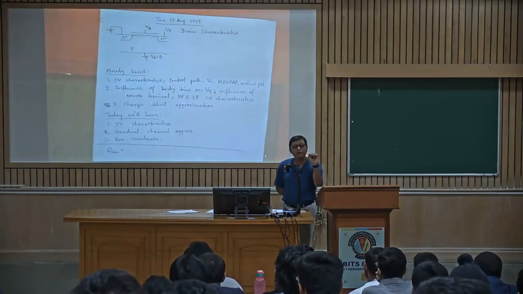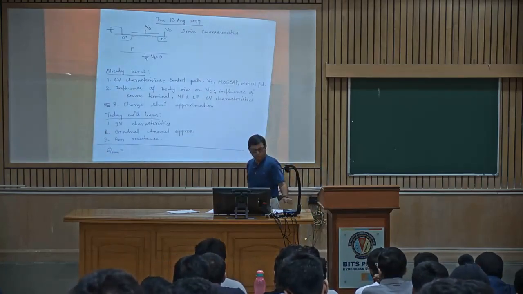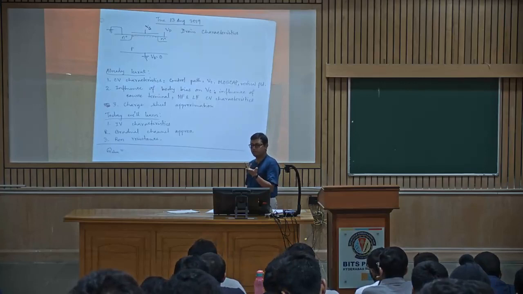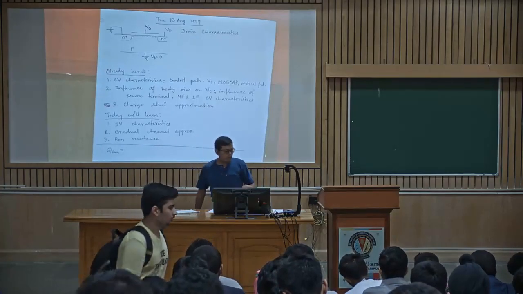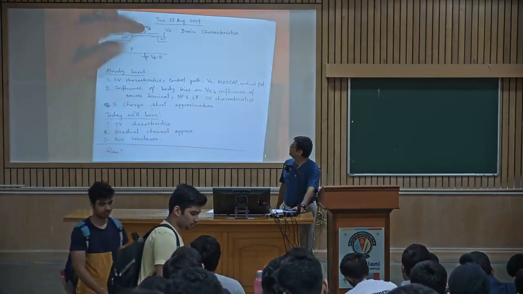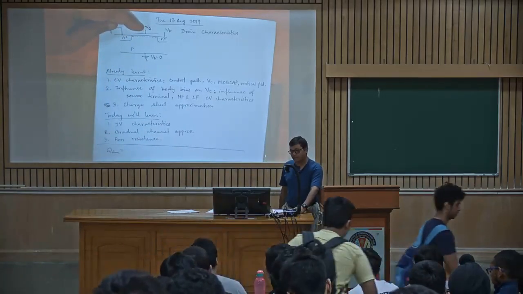Notice, if Vgs is less than Vt, you will not even have the channel. So Q channel will be equal to 0. Simple. Okay, we are not going into subthreshold here. So Q channel will be 0 if VGS is less than or equal to Vt, right?